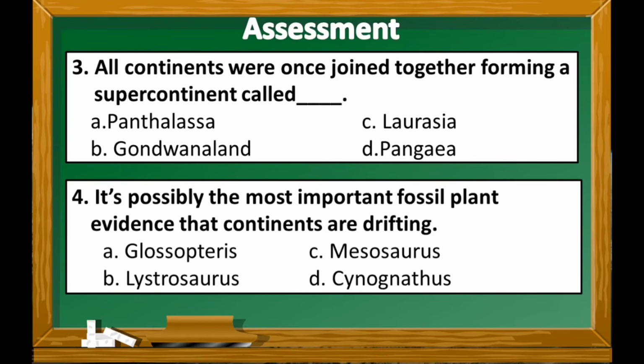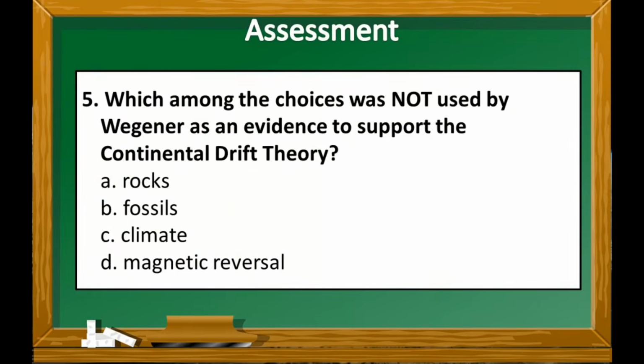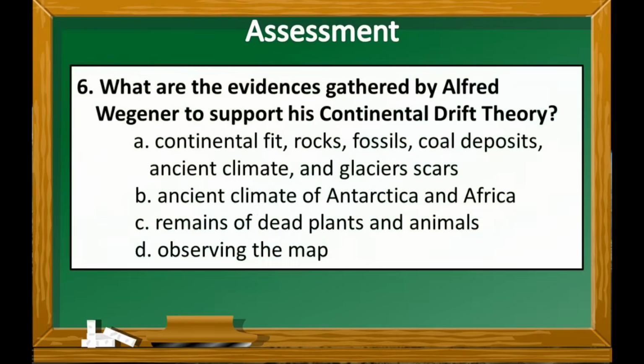A. Glossopteris, B. Listersaurus, C. Mesosaurus, D. Cynognathus. Number 5. Which among the choices was not used by Wegener as evidence to support the continental drift theory? A. Rocks, B. Fossils, C. Climate, D. Magnetic reversal.